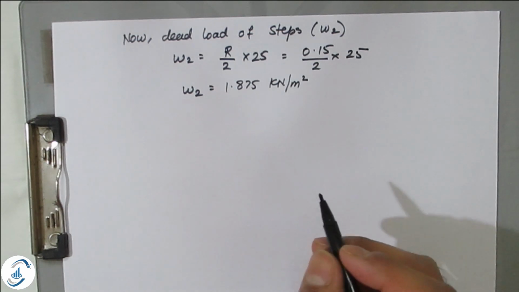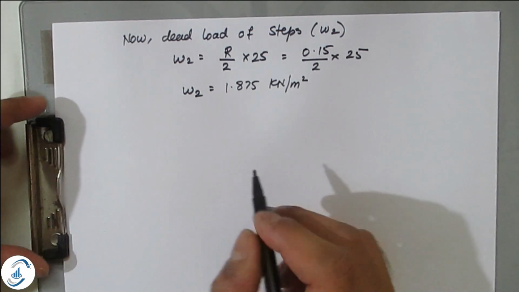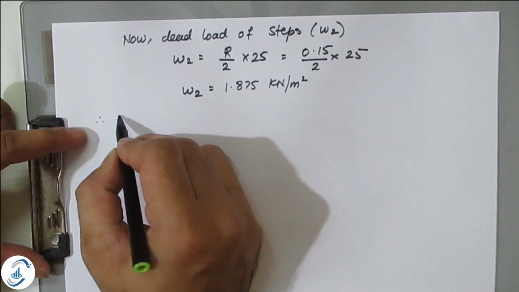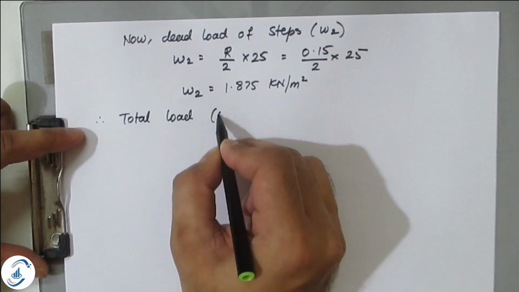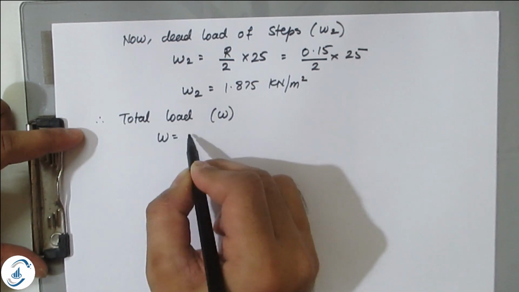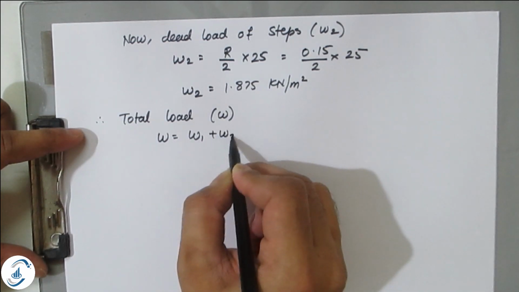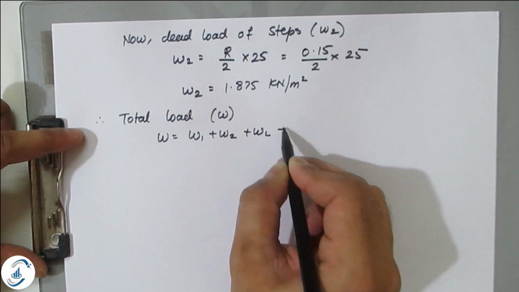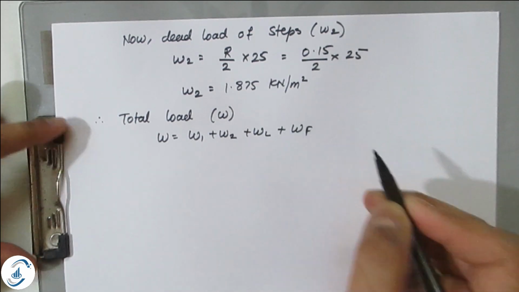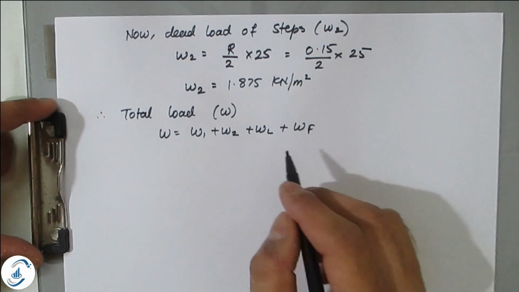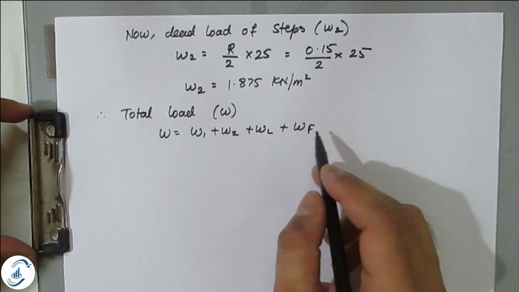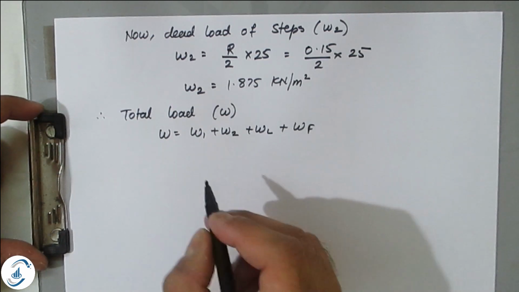So now you can find out the total load. Therefore total load W is equals to W1 plus W2 plus live load plus floor finish. You will be providing tiles on the floors, that also you may consider. If you consider it, well and good, otherwise you can skip it, no problem.